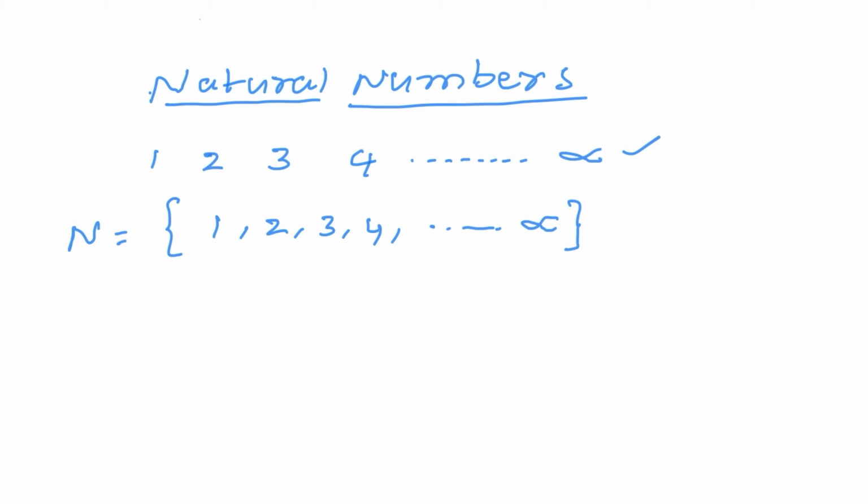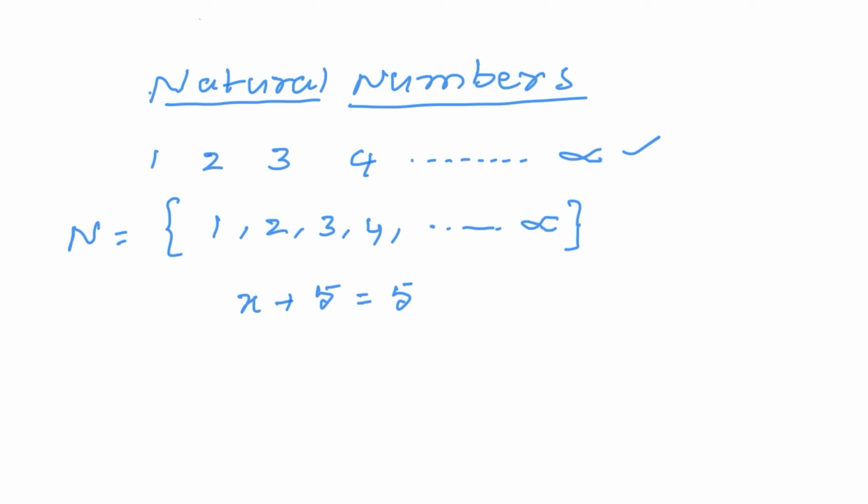Now later on, we find the need of 0. How? Let us see an equation. x + 5 = 5. What is the solution to this one? You know we solve these linear equations in one variable.